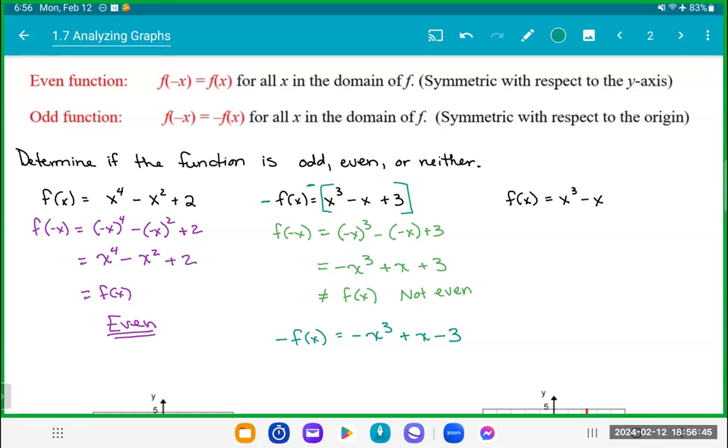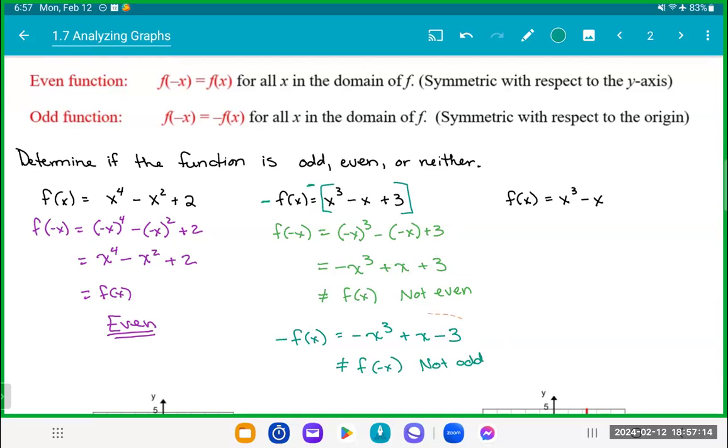If I do what I did up there at the top and just distribute that negative to all of that, right? This is not f of negative x, right? This here is f of negative x. You see, this has a negative 3. This one had a positive 3. So they are not the same. So we would say that this one is not odd either.